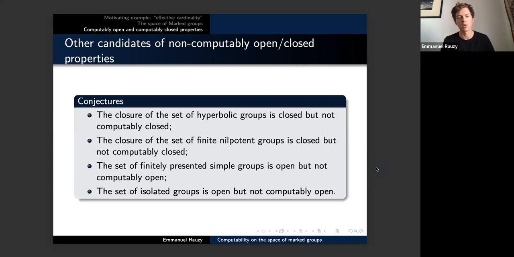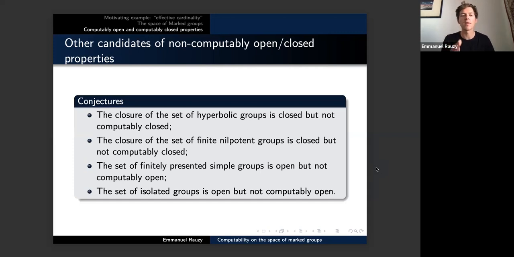This is a conjecture. Closure of the set of finite nilpotent groups, closed but not computably closed. On the other hand, the set of finitely presented simple groups is probably open and not computably open, and so should be the set of isolated groups. And isolated groups are groups that define open points in the space of marked groups.